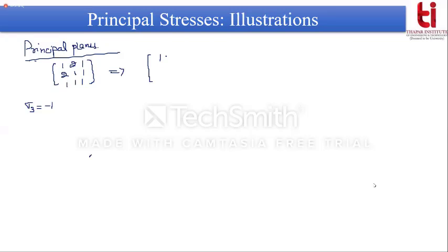So can I write like 1 minus 1, 2, 1, 2, 1 minus 1, 1, 1, 1, 1 minus 1? Can we write it like this? This is our characteristic equation, multiplied by nx, ny and nz, equal to 0.